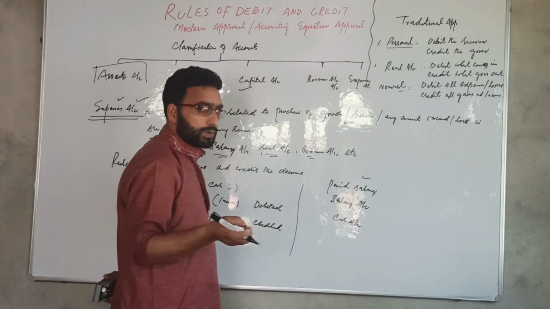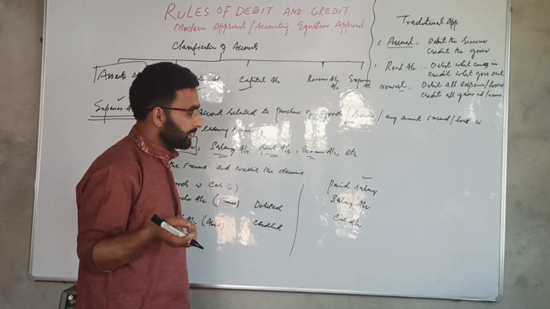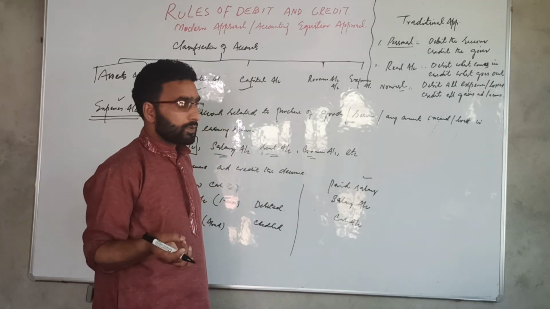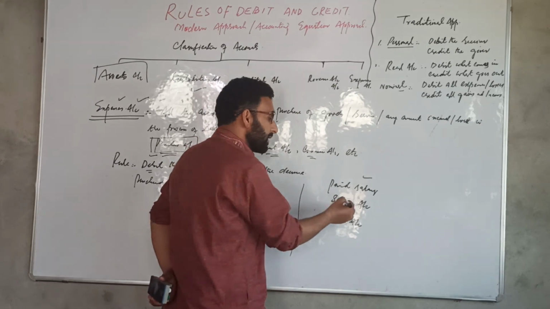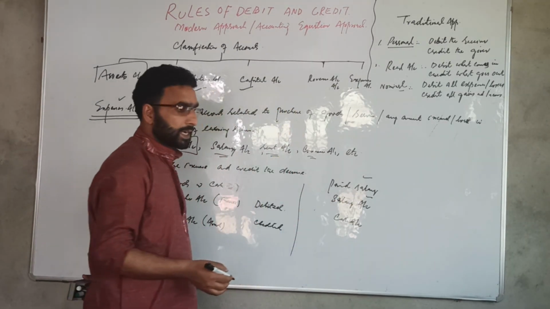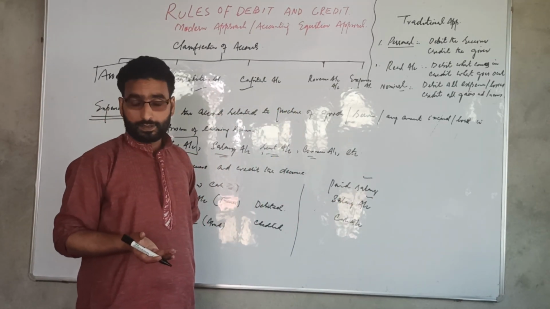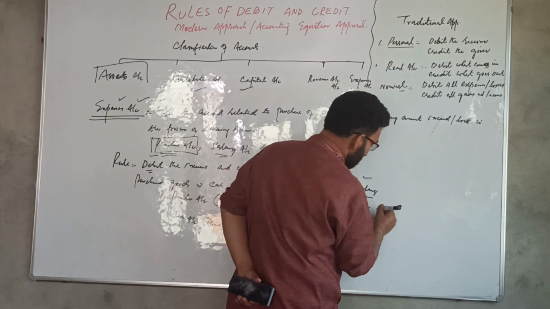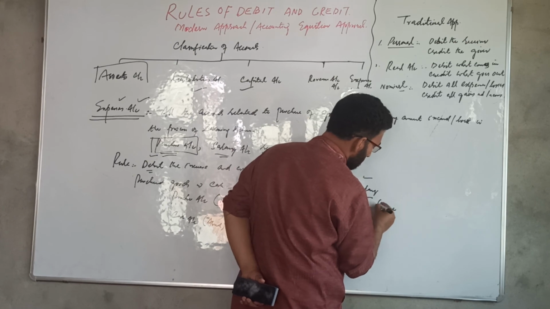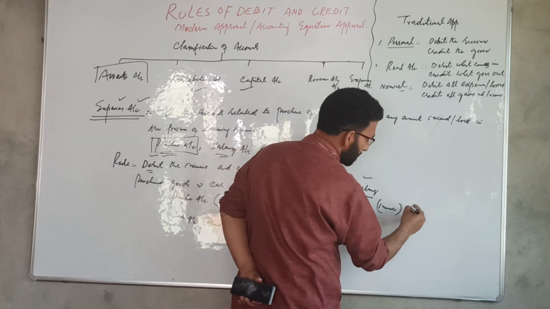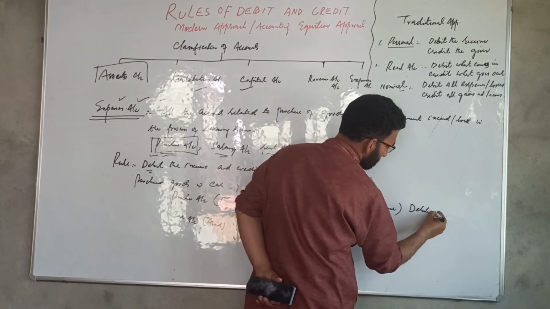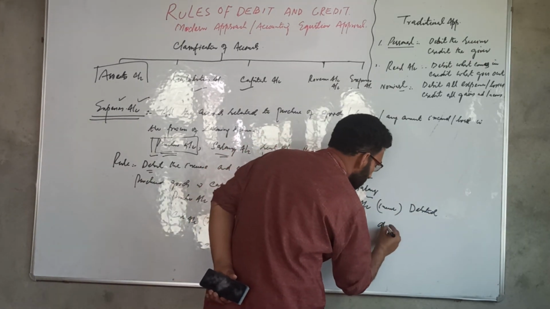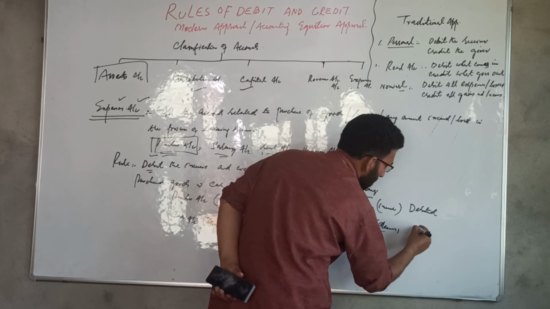Again, the cash goes out from the business. Cash is an asset. When there is any decrease in assets, its account is credited. Similarly, the salary account is an expenses account. When there is any increase in expenses account, it is debited. There is an increase in salary account, so it is debited. And cash goes out, cash is reduced, so the cash account is credited.